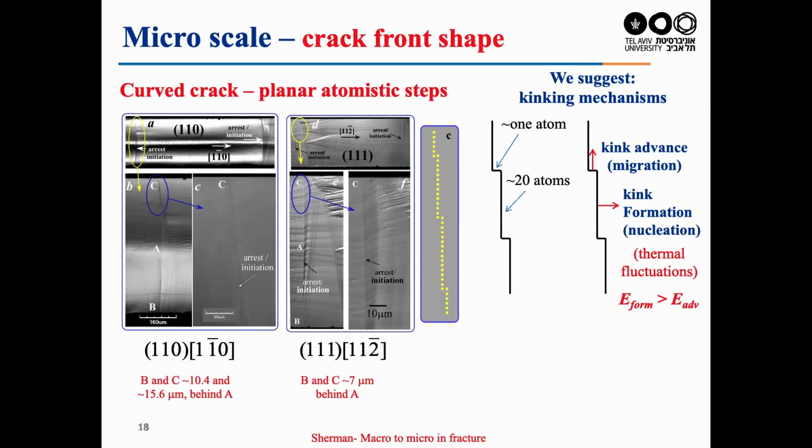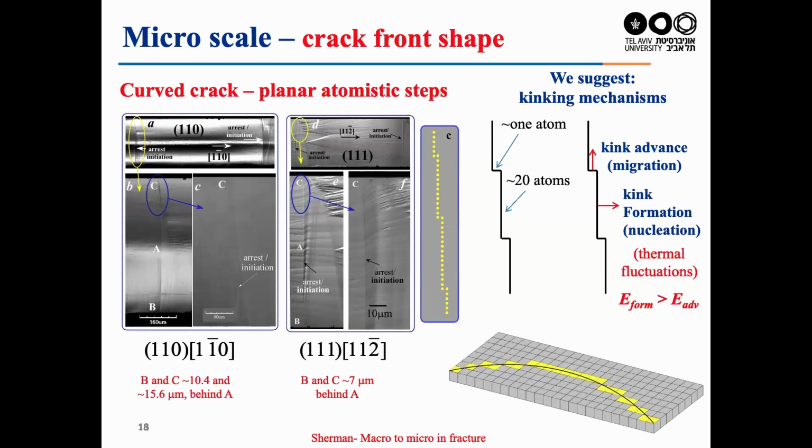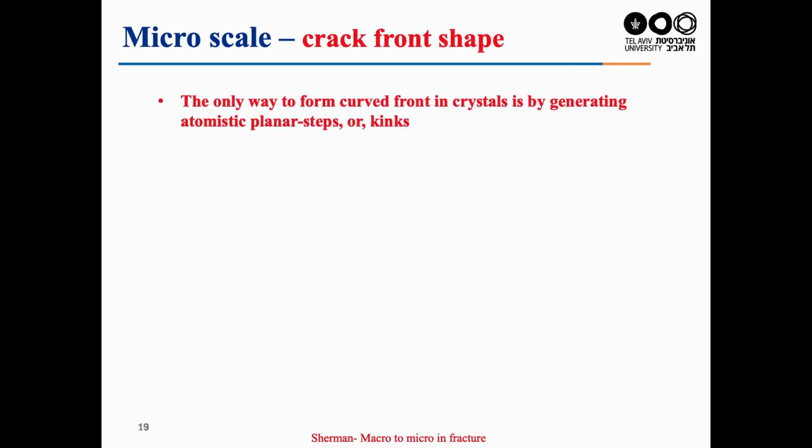I sketch E formation is higher than E advance. I try to sketch it somehow. I hope it is better understood. The only way to form a curved front in crystals is by generating atomistic planar steps, or kinks.